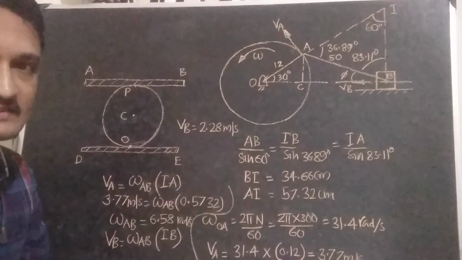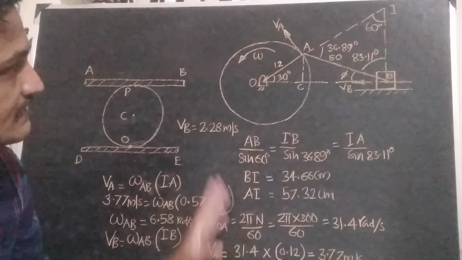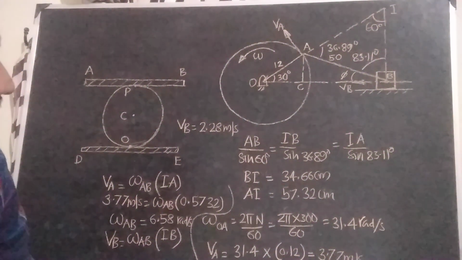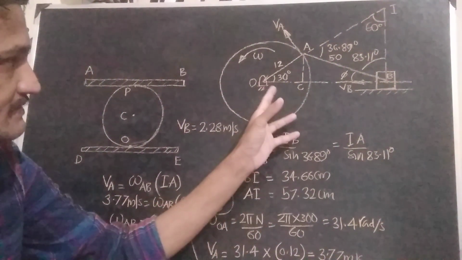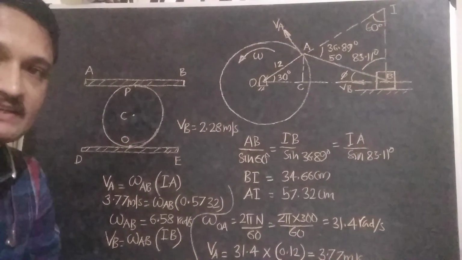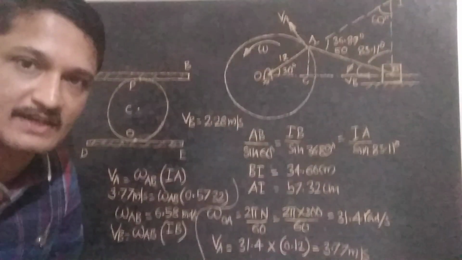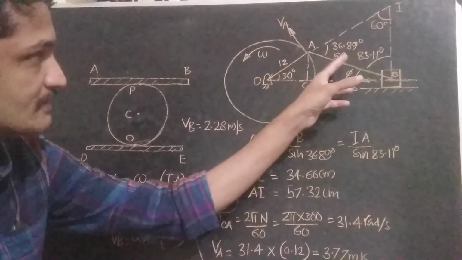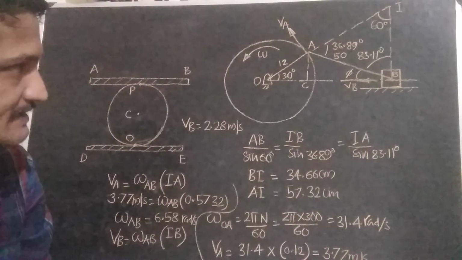This is the concept of instantaneous center. We can apply that concept in this particular problem and easily calculate the angular velocity of the connecting rod and the velocity of the piston.